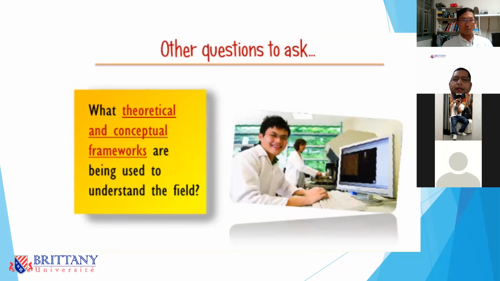Theoretical framework, as I mentioned, when you are reading your journals after identification, there will be different types of theories. For example, if you want to do technological adoption, we call it TAM, the Technology Acceptance Model, developed by Davis in the early 80s.